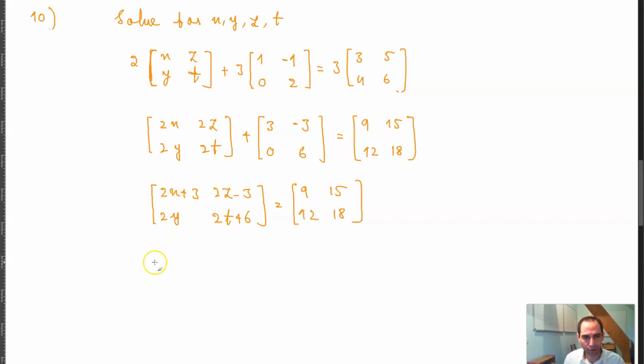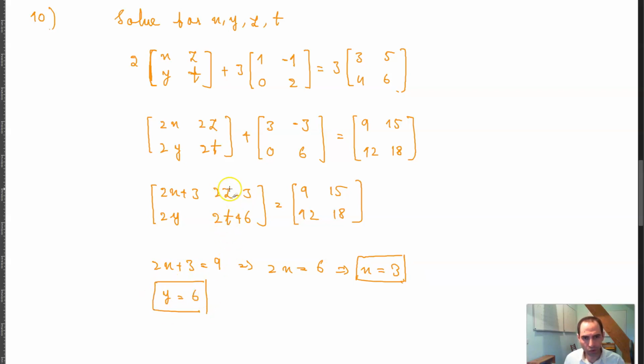And then I can write 2x plus 3 is equal to 9, meaning that 2x is equal to 9 minus 3 is equal to 6, meaning that x is equal to 6 by 2, which is equal to 3. And then 2y is equal to 12, that means that y is equal to 6.